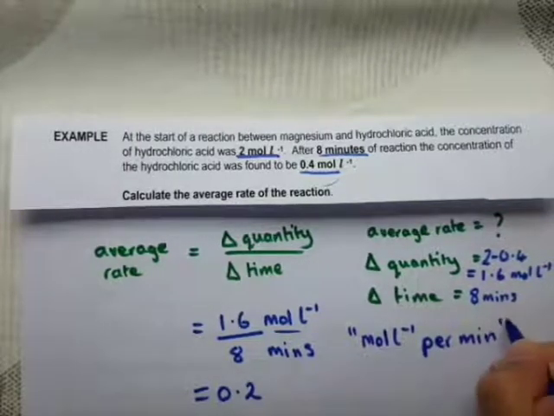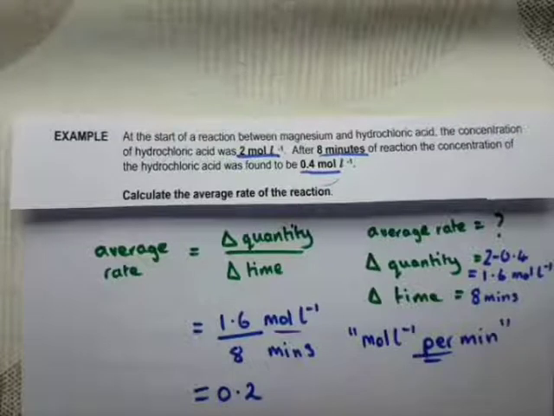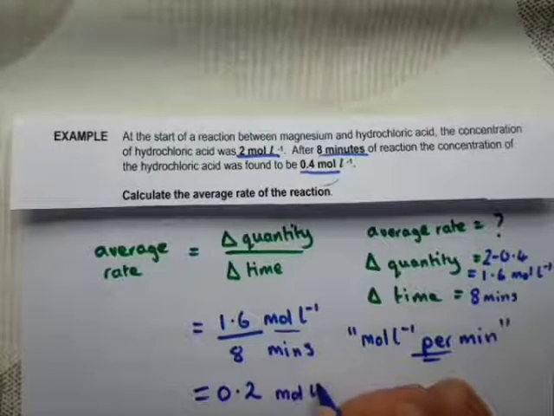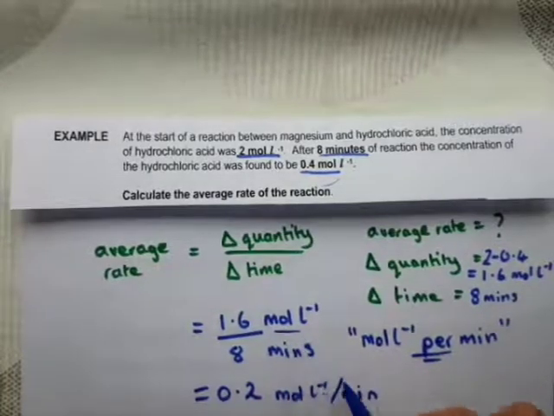But we don't tend to write "per" when we are writing equations and units in science. One possible option would be to just write mole per litre / min, to show that you're dividing moles per litre by minutes to get this final answer.